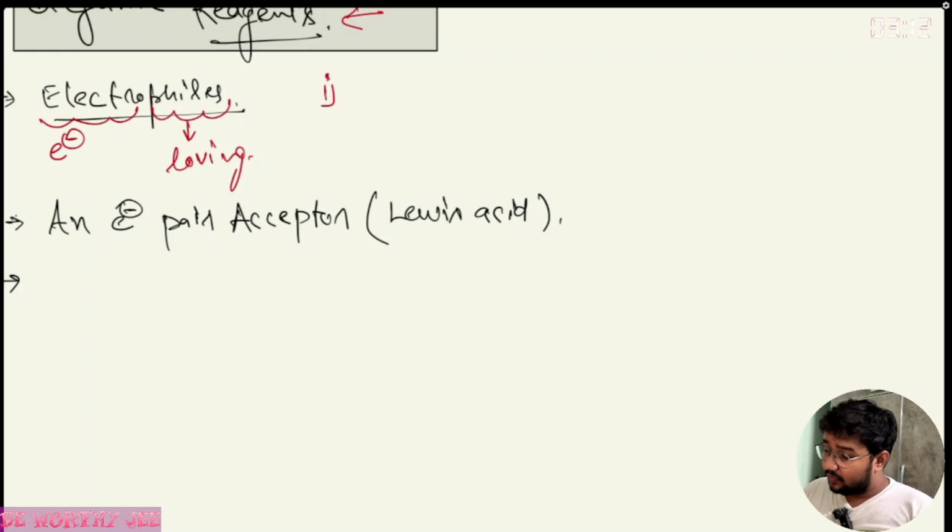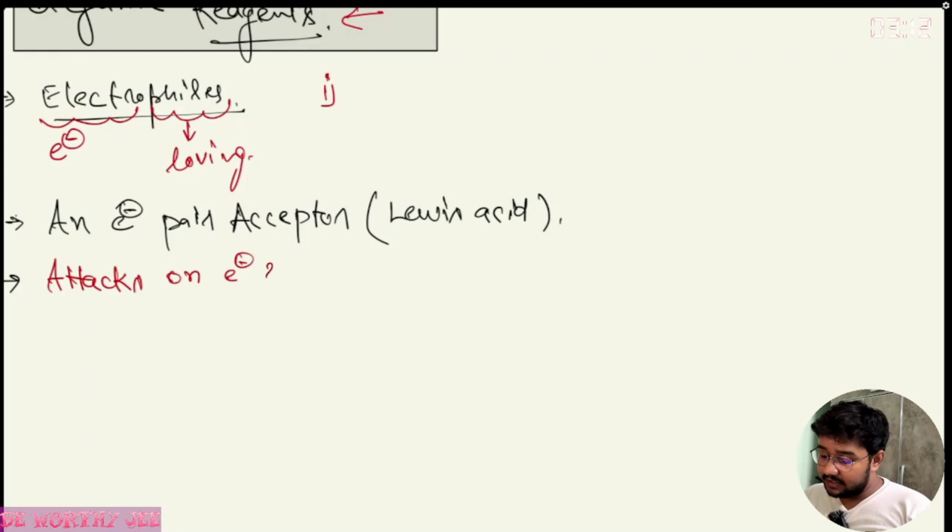So what are electrophiles used for? They attack where electrons are rich, because electrophiles are electron loving. So these will attack an electron rich site.